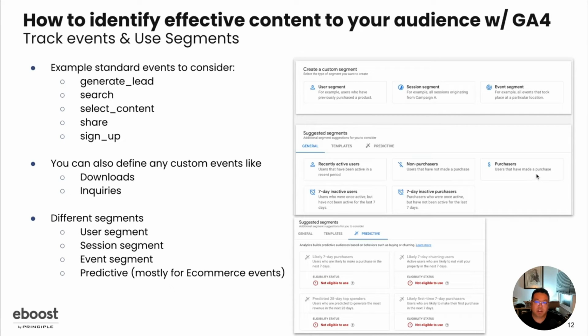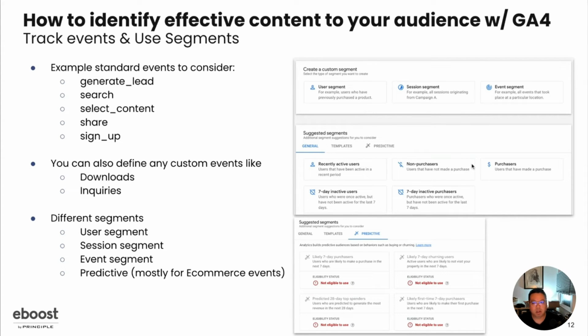And when you create segments in Google Analytics 4, it has user-based, session-based, and event-based segments, right? It's not only that. I mentioned earlier the predictive segments: recently active users, people who didn't purchase, or users likely to become inactive in 7 days, likely purchasers in the next 7 days. So there's quite a lot going on here, mostly for e-commerce still.